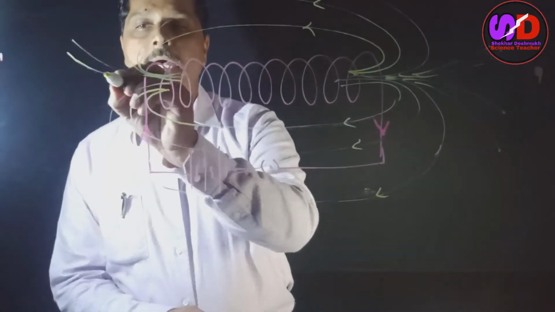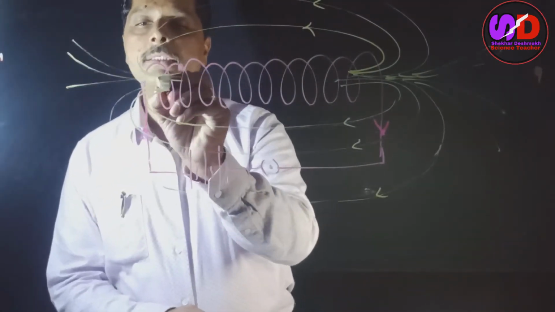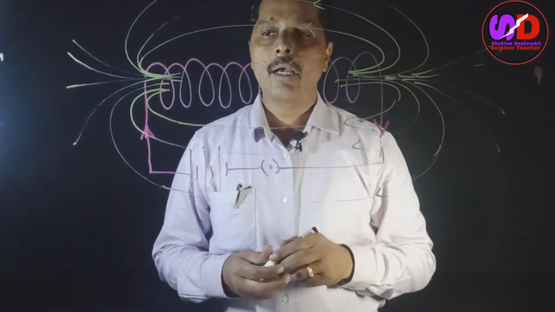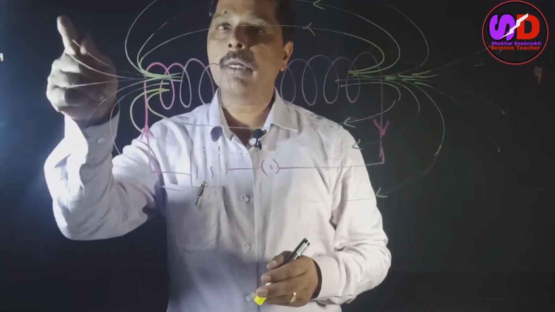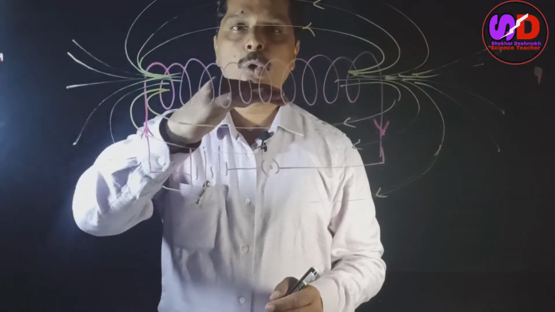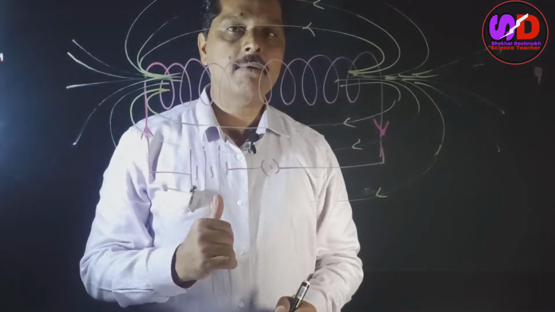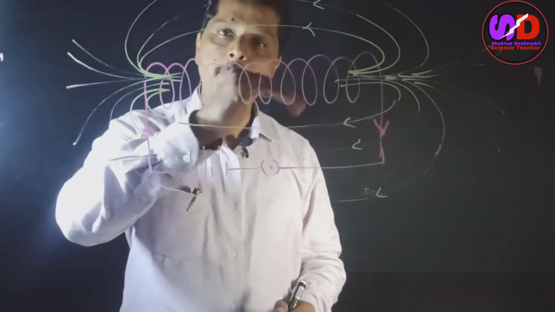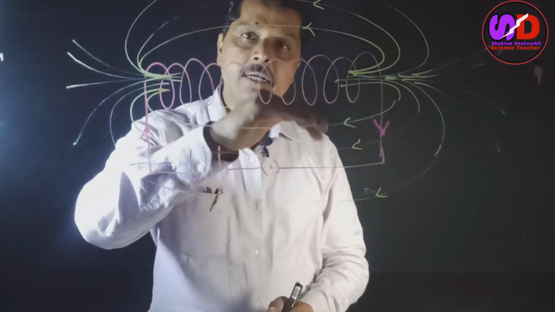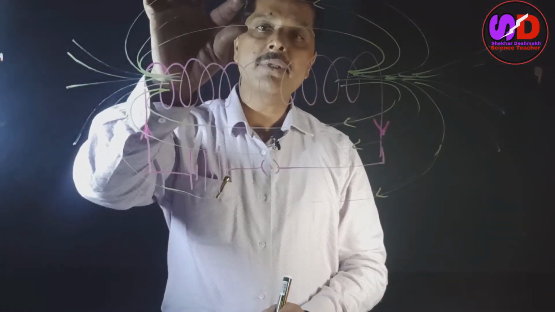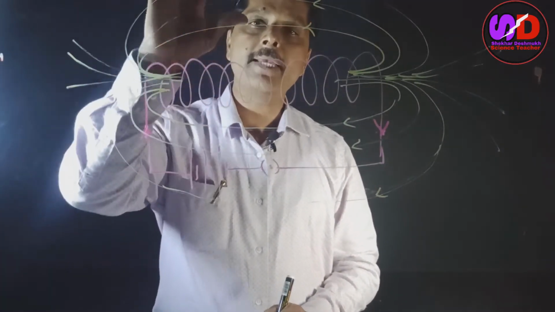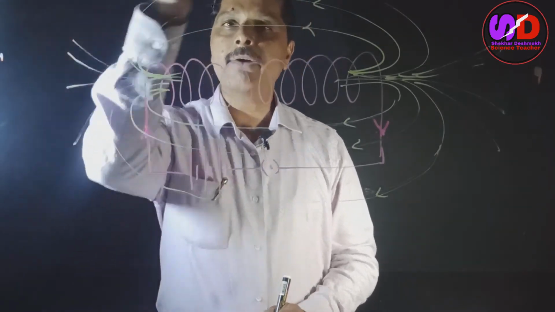So these are the lines produced, these are the bigger lines. As we go away from this solenoid, from this spring or current carrying conductor, the distance between consecutive lines goes on increasing, and that we cannot show here.